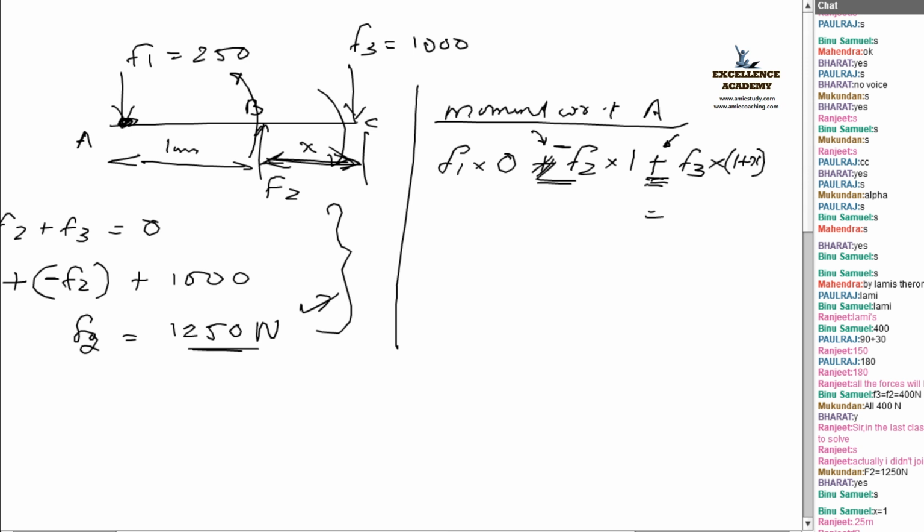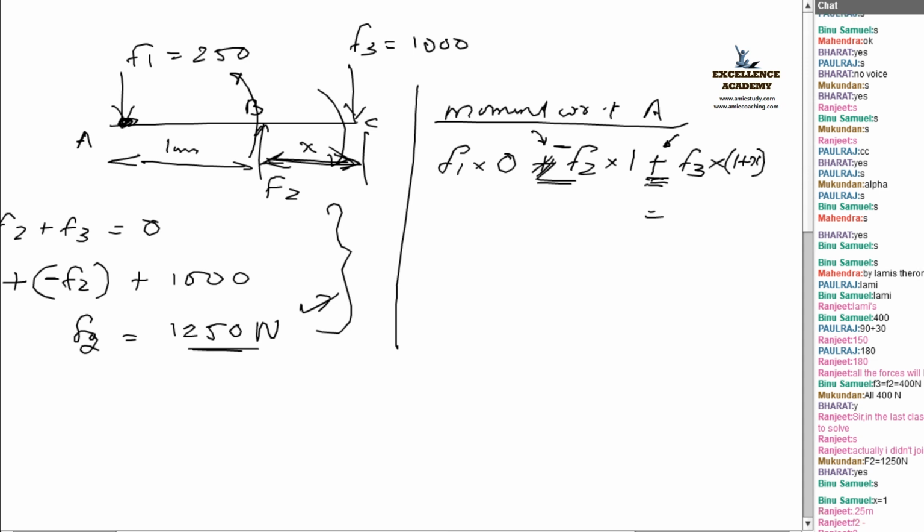What will be the right hand side? F1 into 0 minus F2 into 1 plus F3 into 1 plus X is equal to 0. According to the law of equilibrium, sigma M is equal to 0; the moment with respect to a point will always be equal to 0.